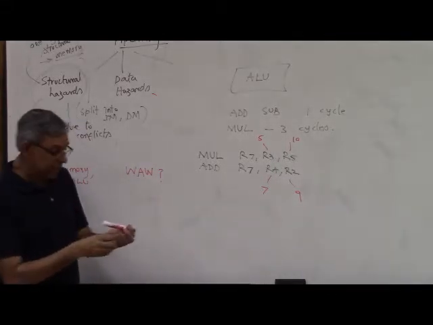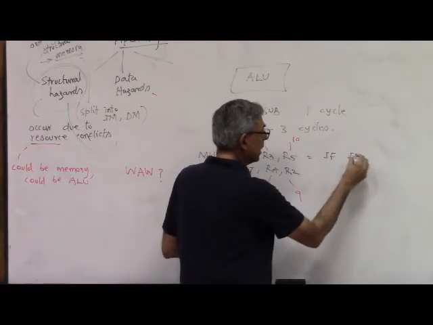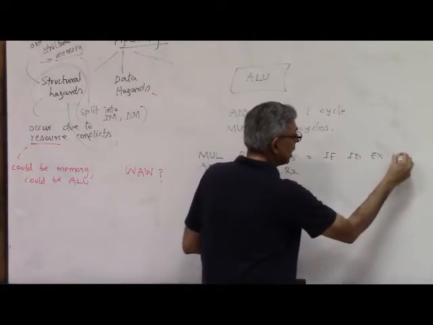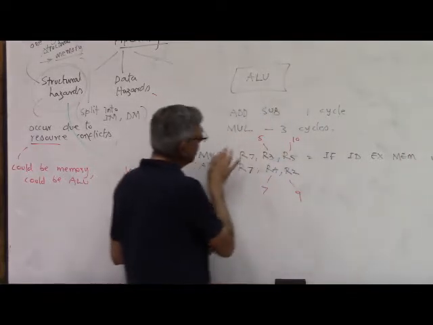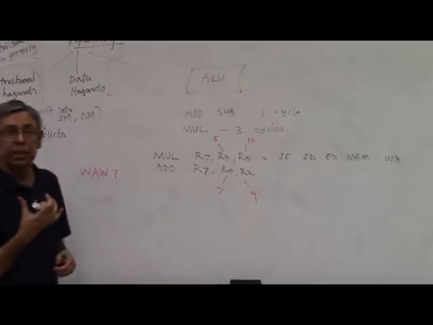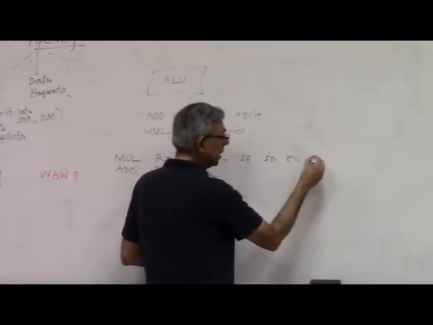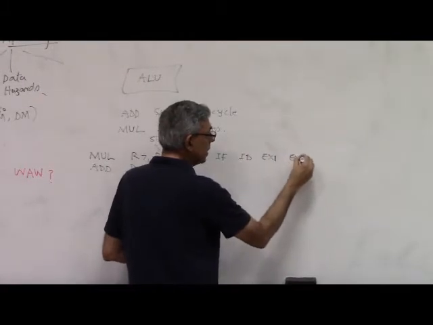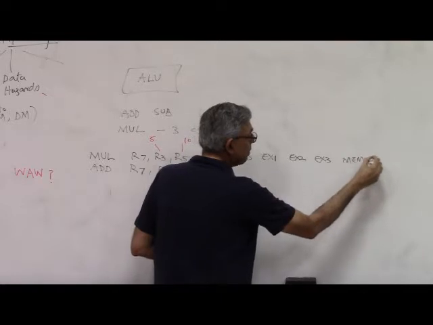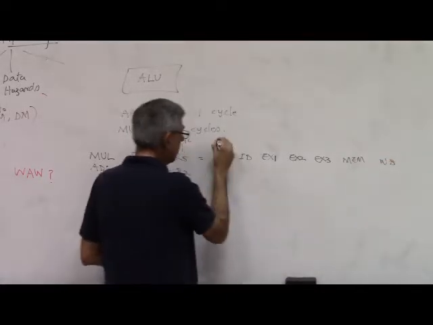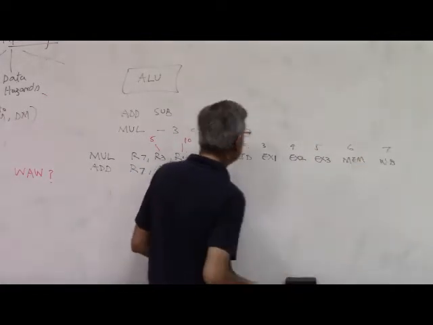Okay, so let's take a look. This will be IF, ID, EX, MEM, and write back, right? But we are assuming multiply takes 3 cycles. So instead of EX, how will we write it? EX1, EX2, EX3, MEM, and write back. Right? 1, 2, 3, 4, 5, 6, 7 cycles.